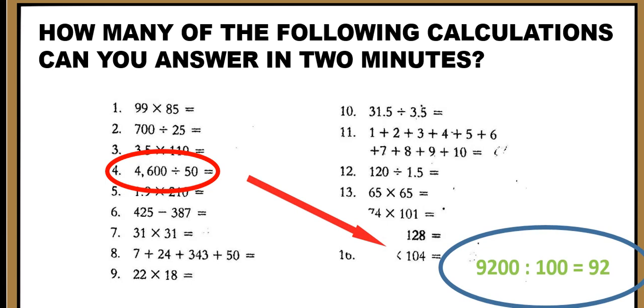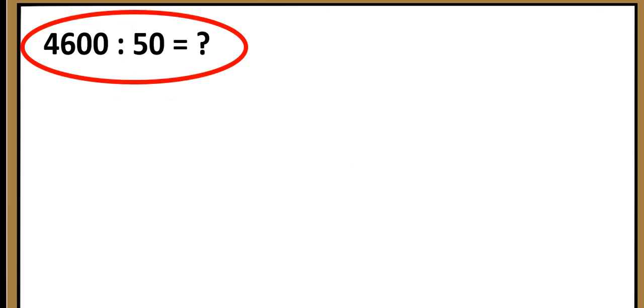The result is 92. Okay, now let us see the process of changing the expression 4,600 divided by 50 into another expression to get the easiness of the process.